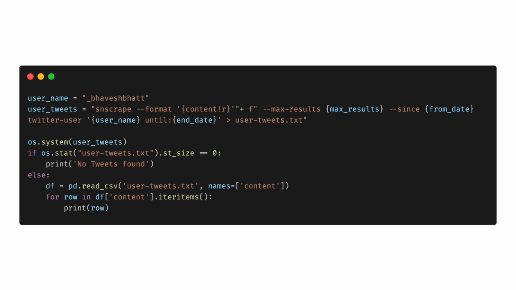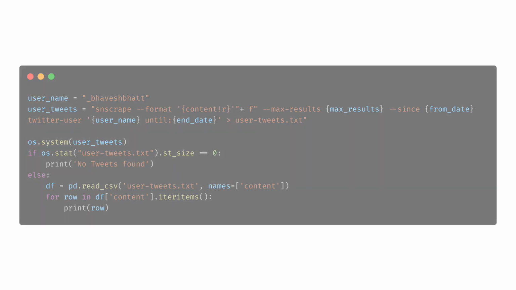The next lot of commands are again following the same principle. I check for the size of the file. If it's 0, then there are no tweets. If there is data present in the text file, then I'll read it into a CSV file. I'll iterate over every row in the data frame and I'll display the results.